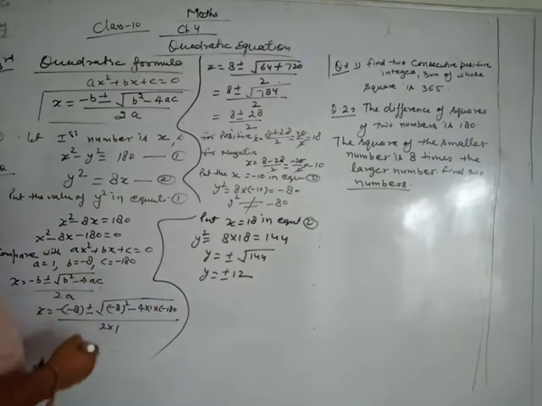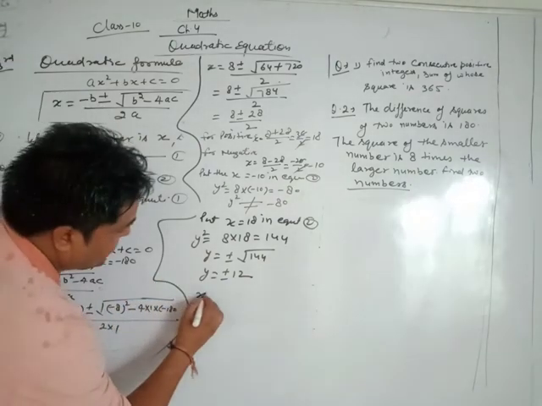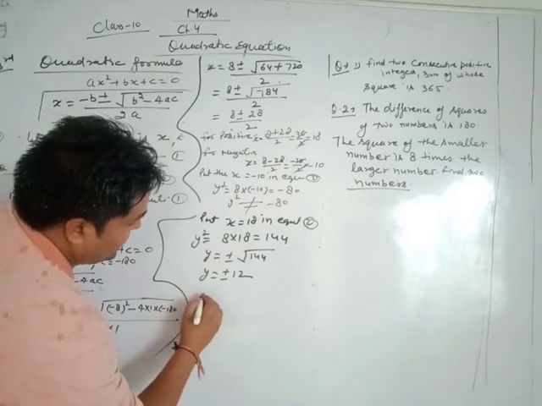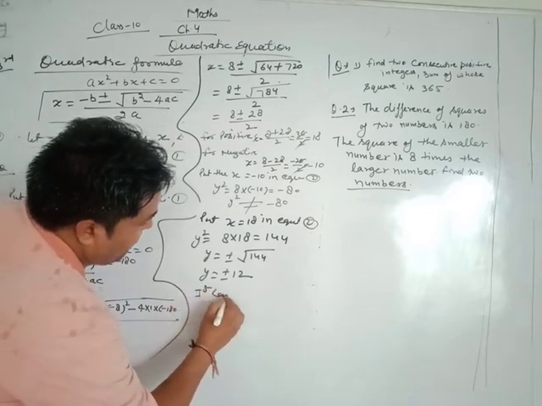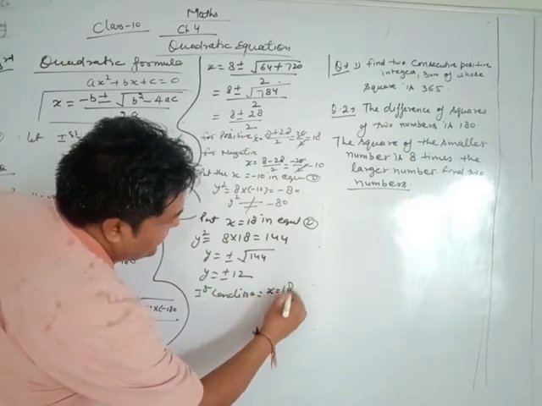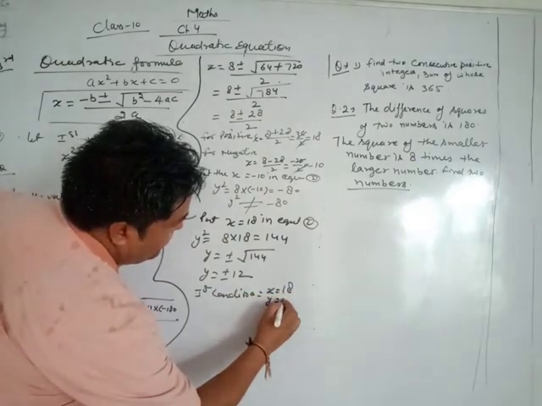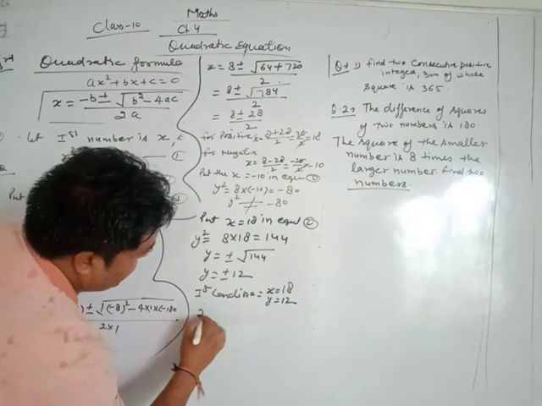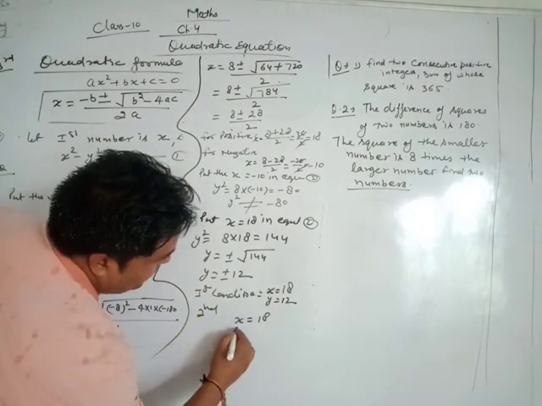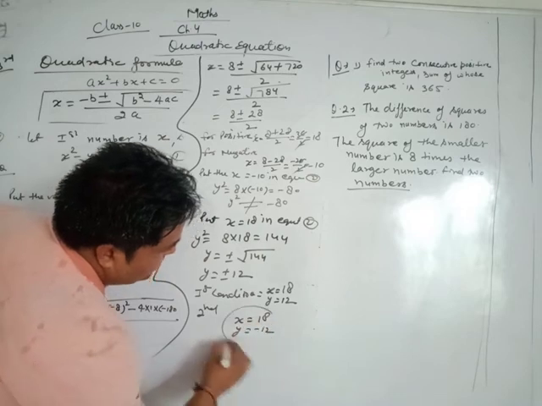So now we have two conditions. First condition, if x equal to 18 then y equal to plus 12, and second, x equal to 18 and y equal to minus 12.